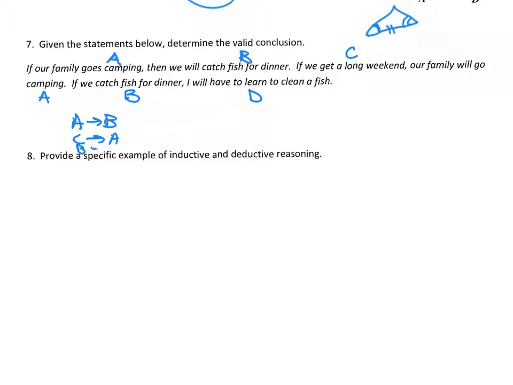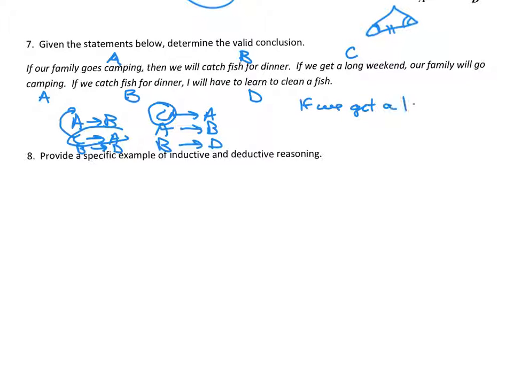B implies D. So putting this in order, I can put this statement out front. Then we have C implies A implies B, and B implies D. Therefore, situation C is if we get a long weekend, then D is I will have to learn to clean a fish.